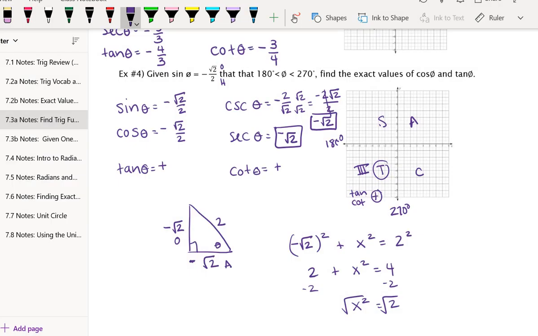Oops, I'm running low. I'm almost done, guys. So I am just going to take root 2 over root 2, and that's just going to give me positive 1. And if I reciprocate positive 1, I also get positive 1. So cotangent is positive 1, tangent is positive 1, cosine is negative root 2 over 2, and sine is negative root 2 over 2.